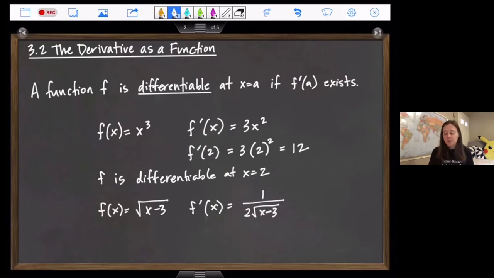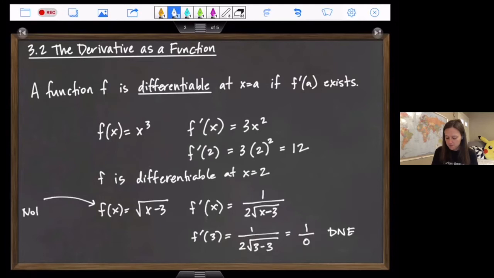One that I can't plug in would be, for example, 3. So this is a point that's actually defined on the original function, but when I plug it in to the derivative, I get something that does not exist. So we would say that this f of x, this root function, is not differentiable at x equals 3.